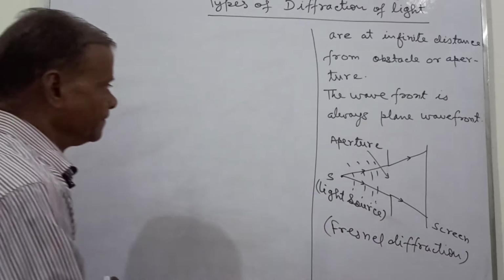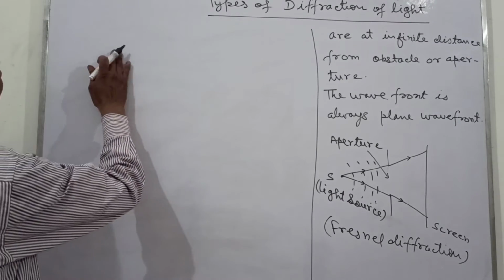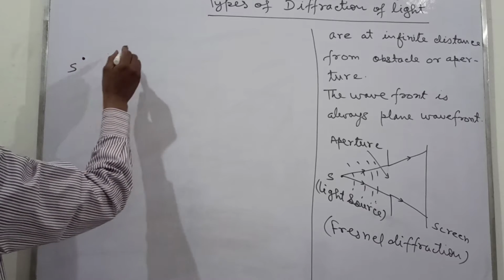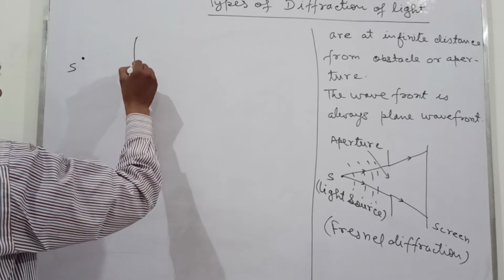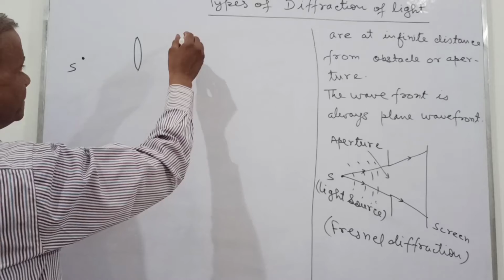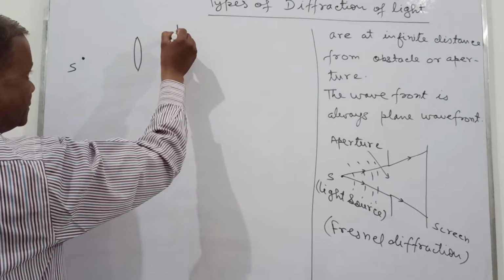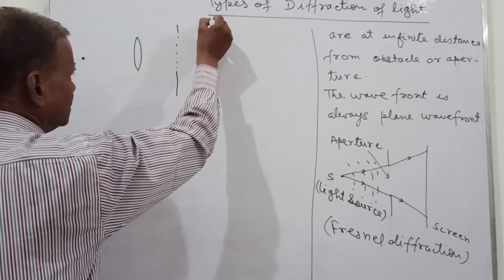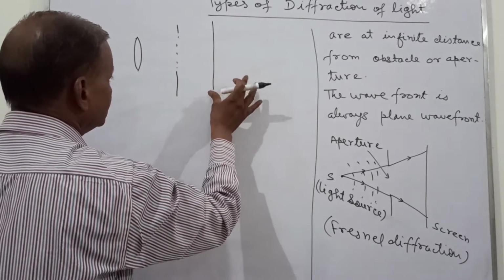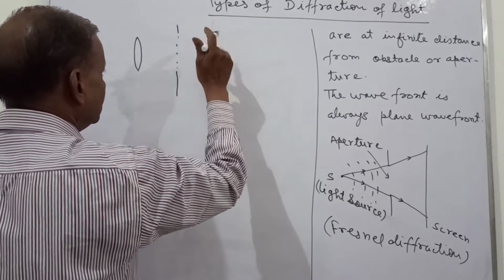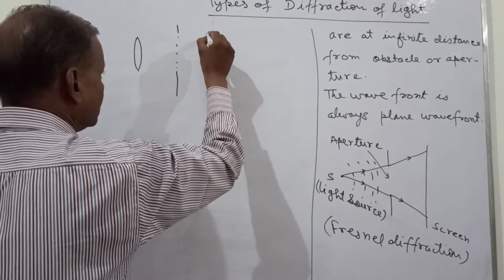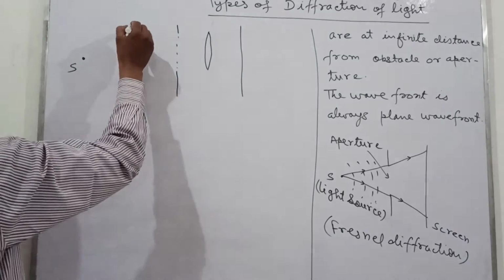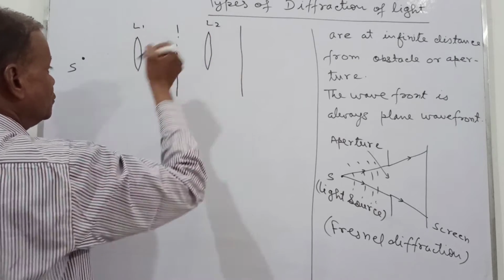Now I show you Fraunhofer diffraction. This is the light source S. This is the screen. These are lenses L1 and L2.